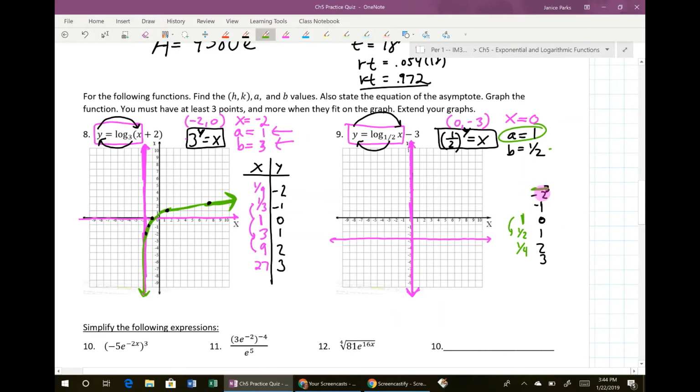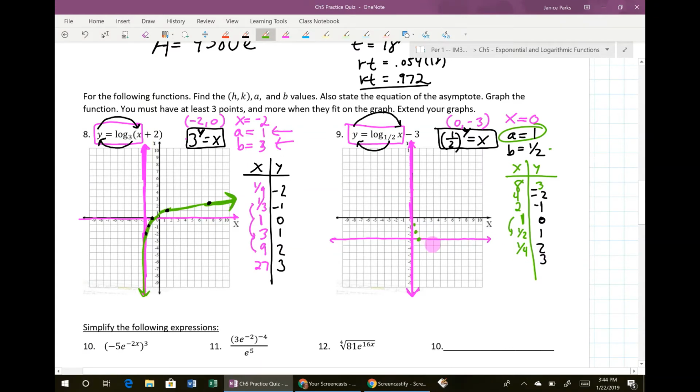I didn't really leave myself enough room here, so I'm going to make a little bit more room. So then again, 2, 4, 8. Because you're going to multiply by 2, multiply by 2, multiply by 2. So I have 1, 0. Then I have 1/2, 1. And then 1/4, 2.